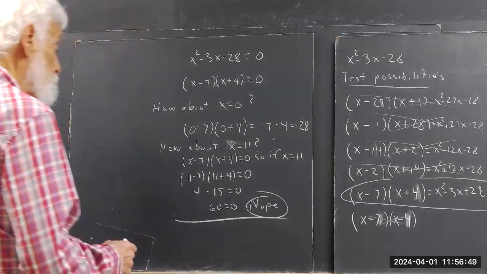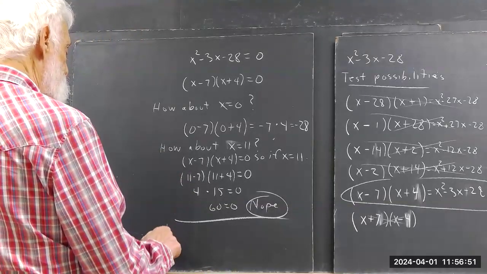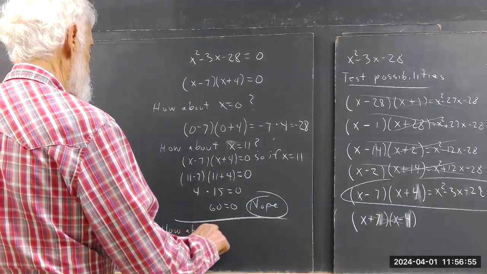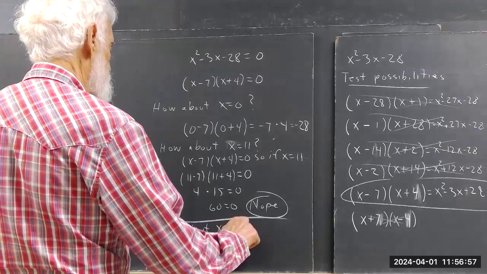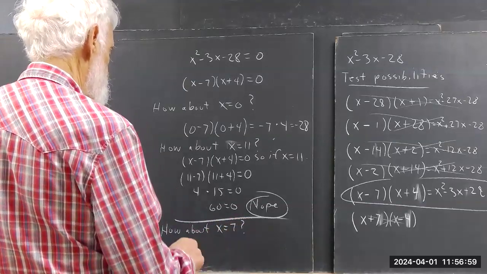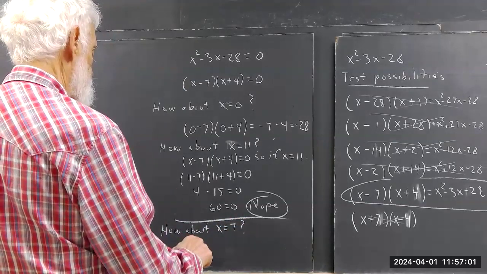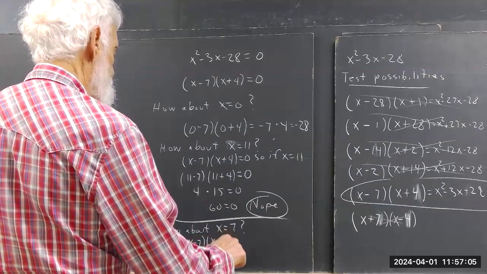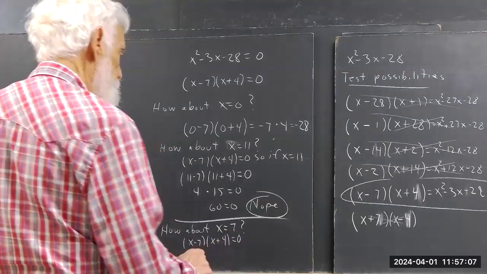Because the suggestion was X equals 7. Well, let's see, we got X minus 7 times X plus 4 equals 0.